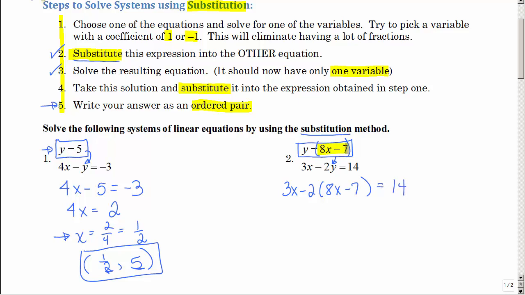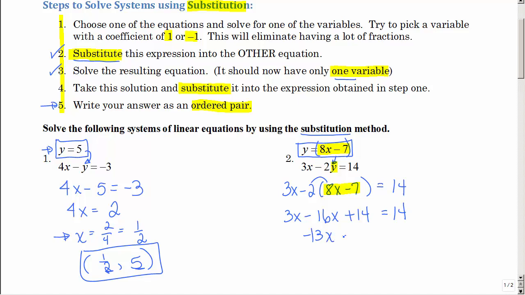Again, 8x minus 7 goes in place of y. Use those parentheses. Now my equation has just one variable, so I'm going to solve by distributing. I'm going to collect like terms.